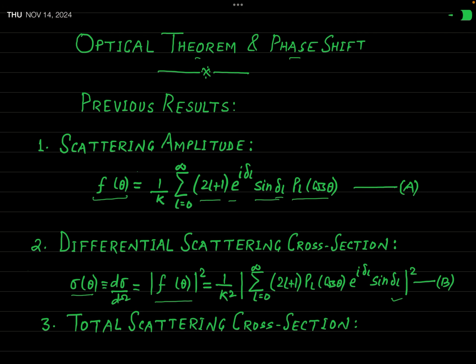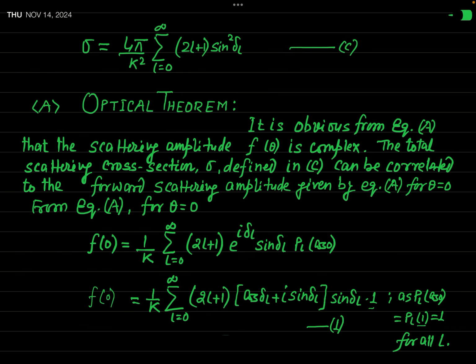And finally you have seen the expression for the total scattering cross section, denoted by sigma, given as 4 pi over k square summation over L of 2L plus 1 times sine square delta L. All these three equations contain the quantity delta L. So if you are talking about the method of partial waves and trying to find the scattering amplitude and scattering cross section, you must have a concrete idea of this phase shift delta L. That's why today we will discuss this phase shift in detail.